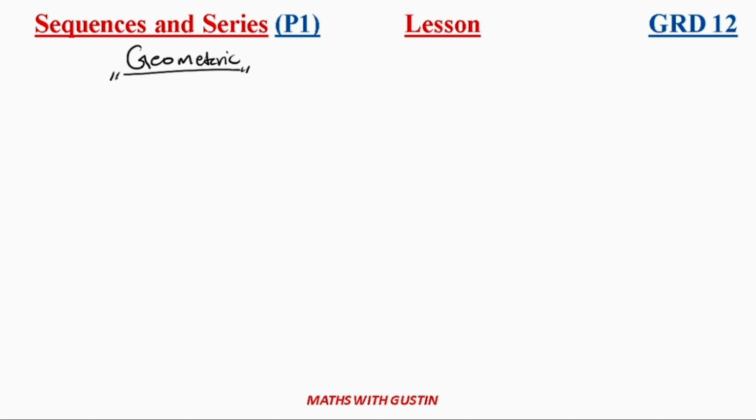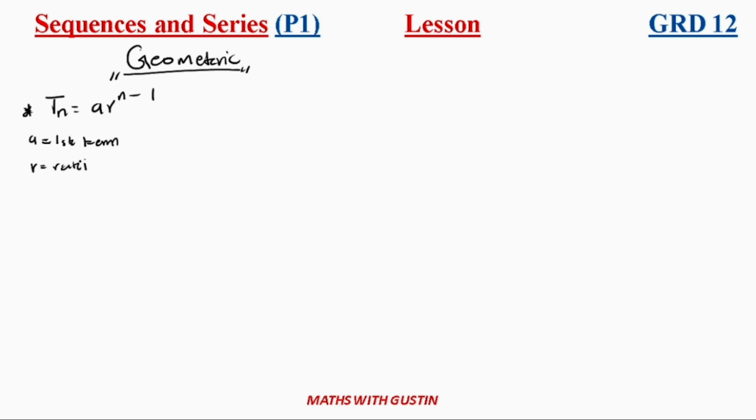In a geometric sequence, we don't have a common difference or a second common difference. We are using ratios. The general formula that we need to know in this case for the pattern is a r to the power n minus 1, and as always a refers to the first term of the sequence, and r refers to the ratio.